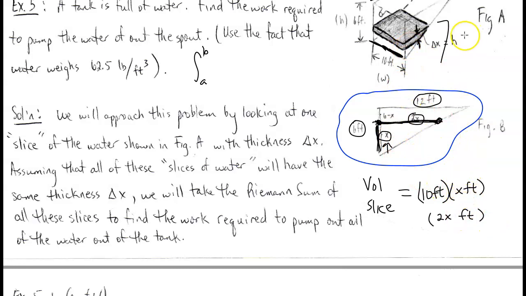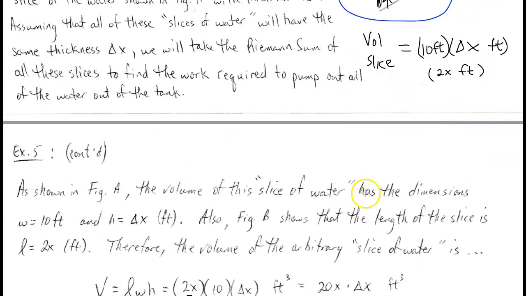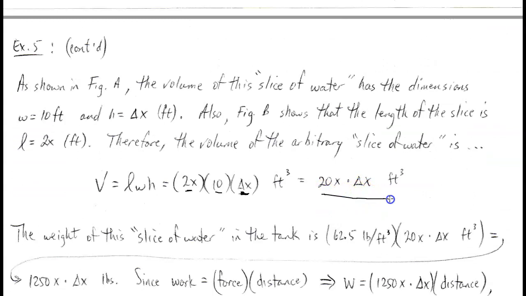So let me change that. I'm not talking about the thickness from the bottom of the tank all the way there. I'm just talking about that small little slice. So that would be delta x feet here. And this is how we would characterize that for that one slice.